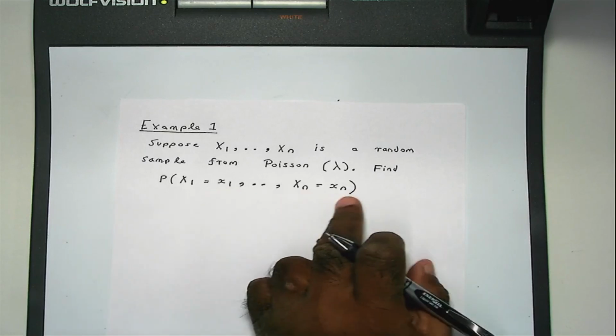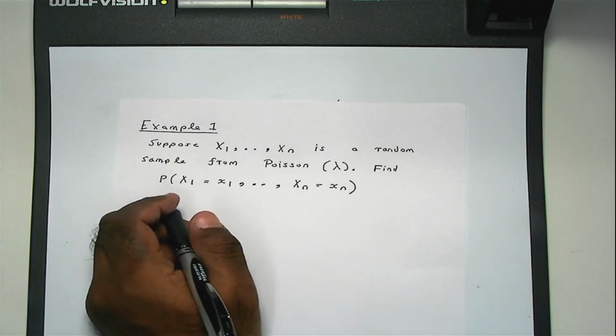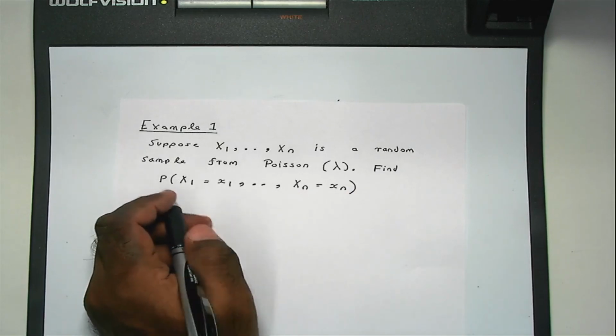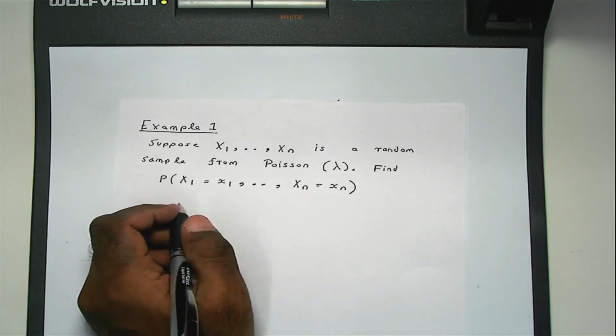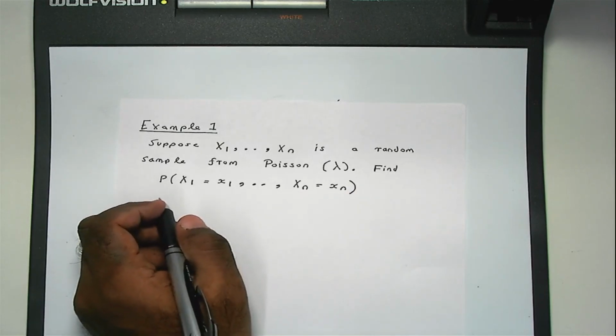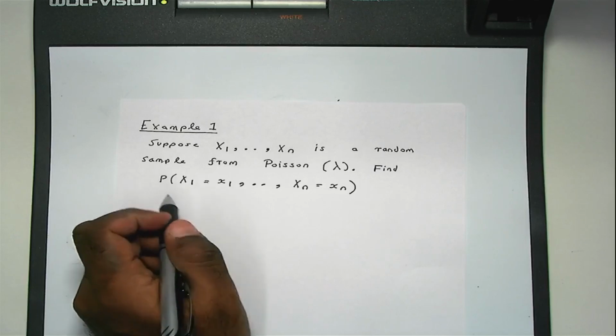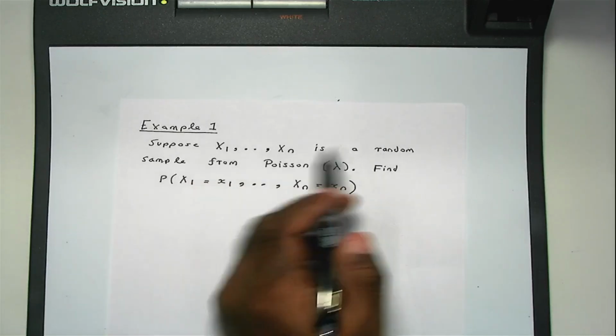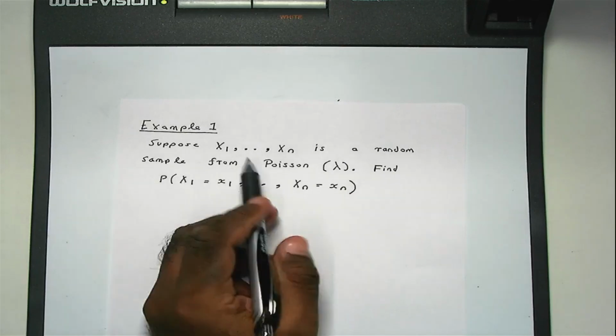To do this, I'm going to use the condition I gave you earlier for variables to be independent. Remember that a random sample means that these variables are independent of each other.